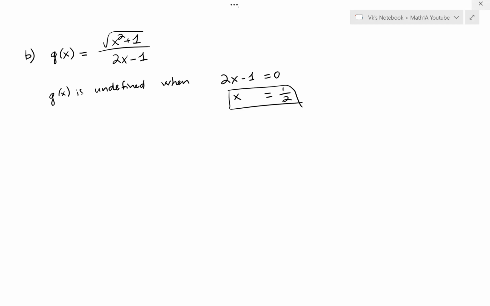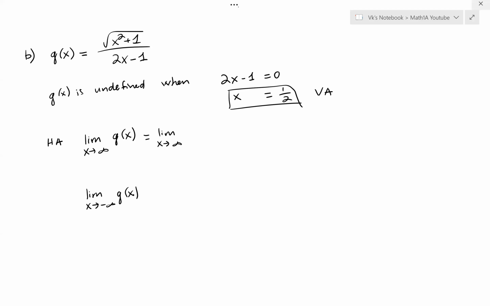Ta-da! This number is the vertical asymptote. For horizontal asymptotes, we're going to have to figure out the limit as x approaches infinity of g(x), and the limit as x approaches negative infinity of g(x), because sometimes we have more than one horizontal asymptote.